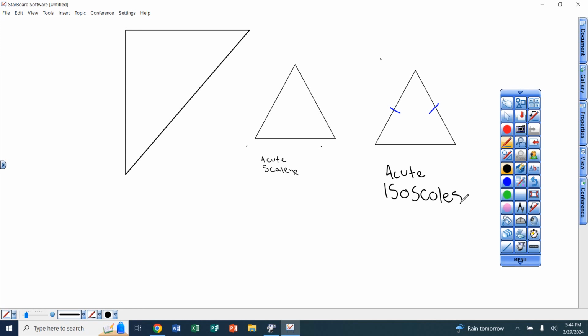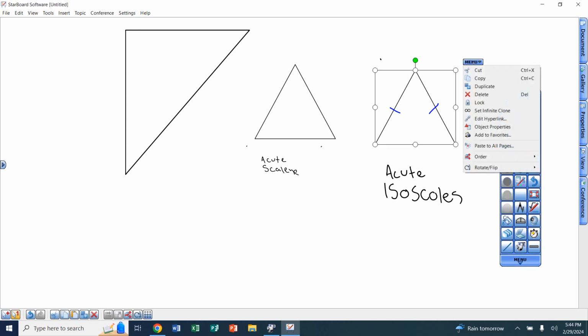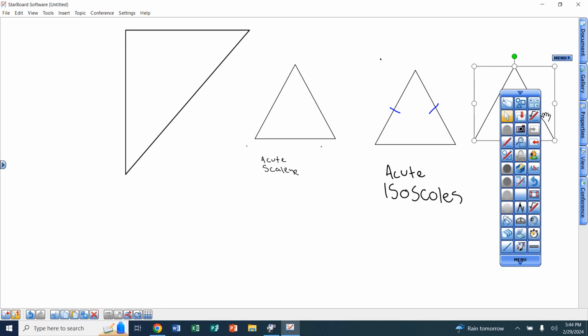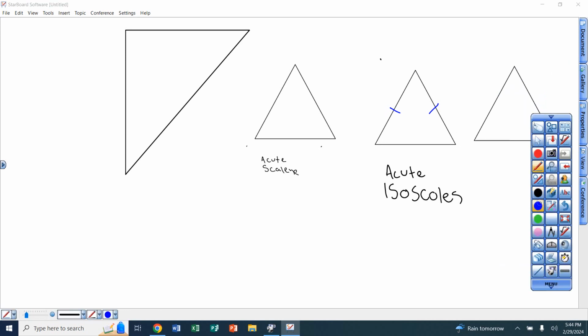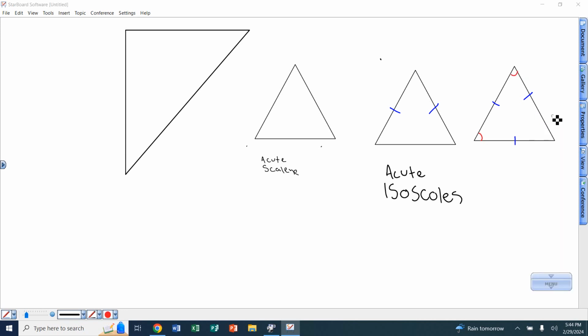And then last thing, what if we took that and I put all the marks around it to show they're equal, and you know that these angles are equal too? What would you call a triangle like that?